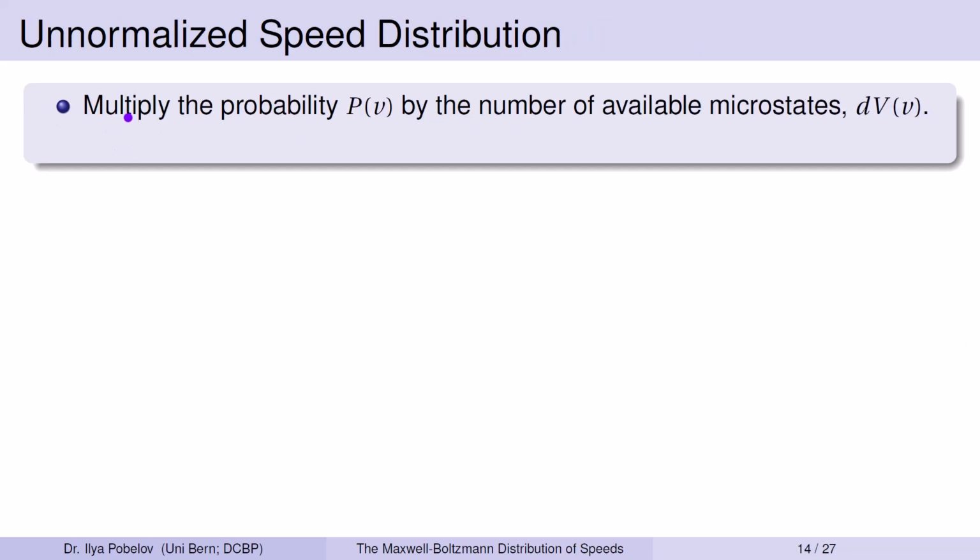Now we multiply this probability by the number of available microstates, which is given by the differential volume element capital dV. As we have seen, this element scales with v squared.